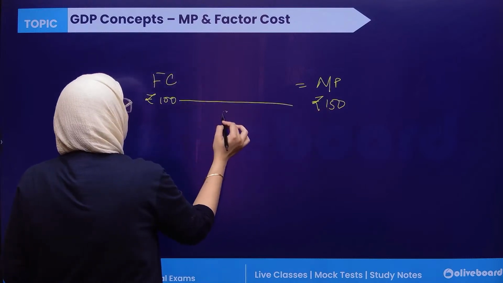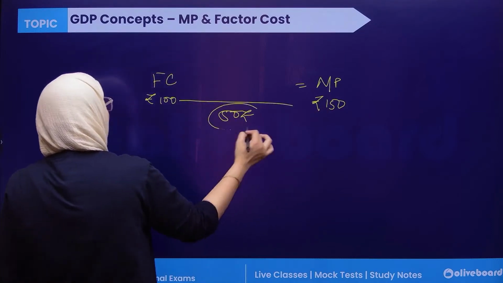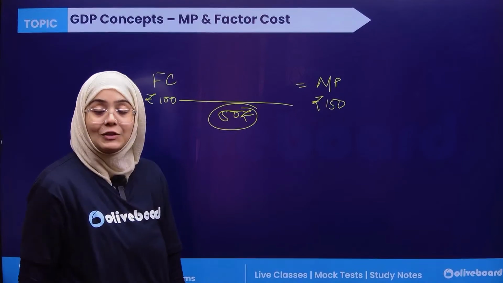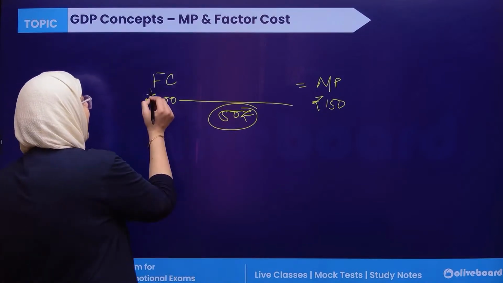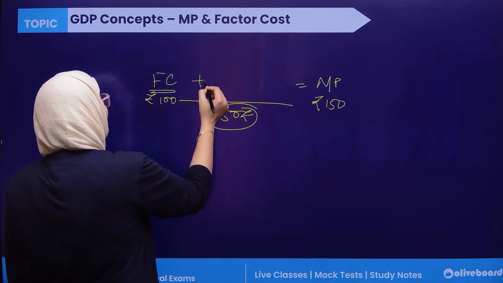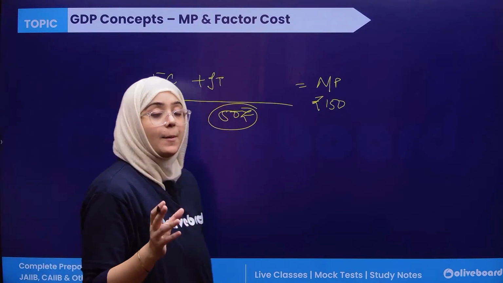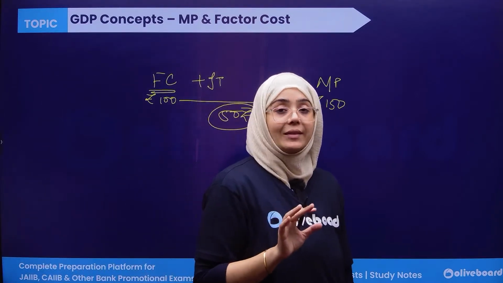Now there is a difference of rupees 50. How does this difference arise? First of all, to factor cost, we have to add all types of indirect taxes which the government has imposed on these goods and services.